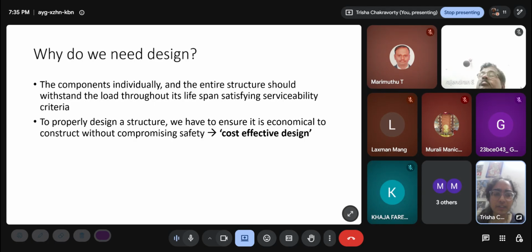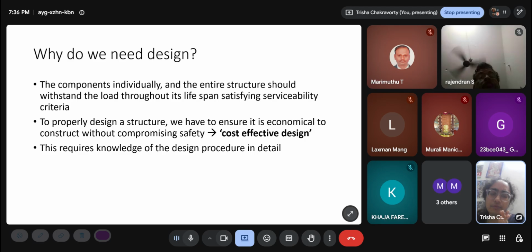After all, in any structure we are building, we are building with a purpose. So to keep it cheap enough, or to reduce the cost, is also a part which we have to keep in mind. We cannot just make the structure infinitely safe. So we have to strike a balance somewhere. And to do that, as a civil engineer, as a structural engineer, we need the knowledge of the design procedure in detail.